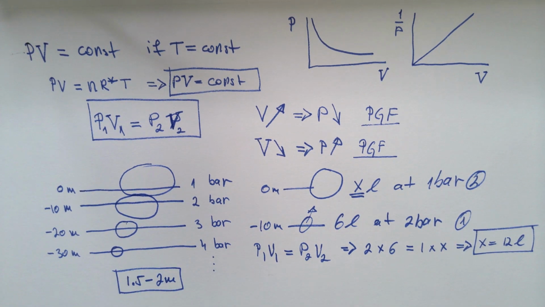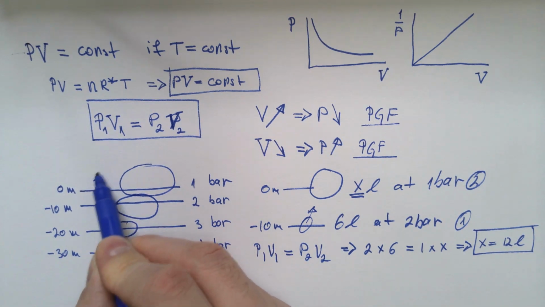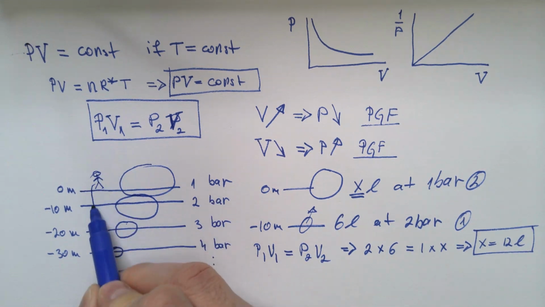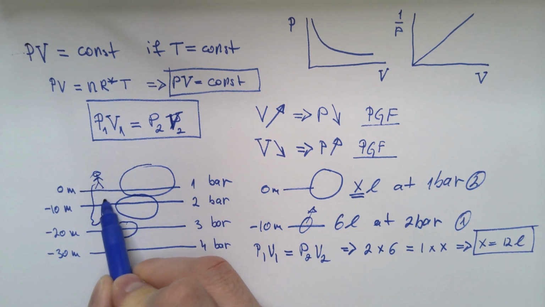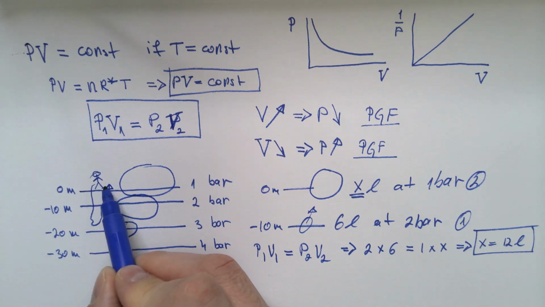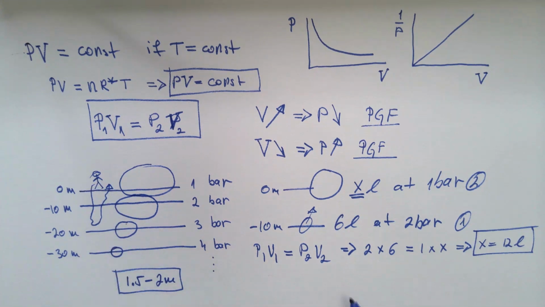Of course, if you are diving on breath, then this cannot happen, because in that case you are here at the beginning, you take air at 1 bar, okay, you go down, down, and then you come up. But you are coming up with the same pressure that you had in your lungs when you started descending, so it's all good. At the end, let us see one more application of Boyle's law.